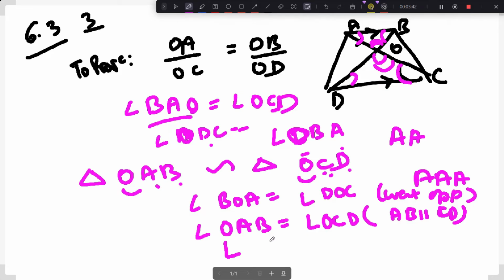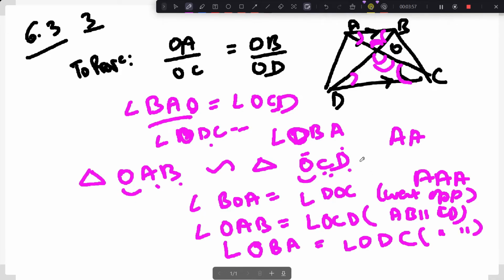And angle, again the same reason. So hence this is proved.